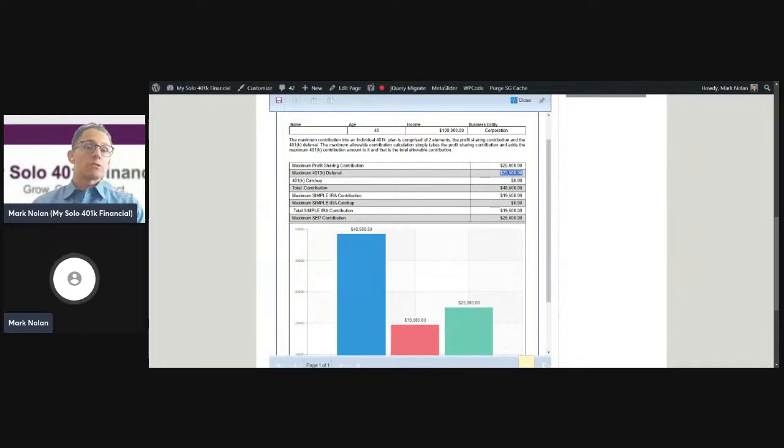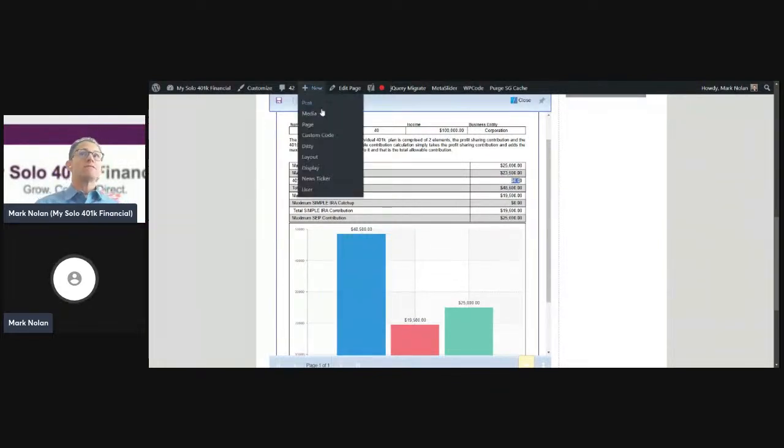So you're going to be able to contribute a total of $48,500 in Roth contributions, consisting of the $25,000 employer Roth contribution and the $23,500 employee Roth solo 401k contribution. There's no catch-up available because this individual is under age 50.